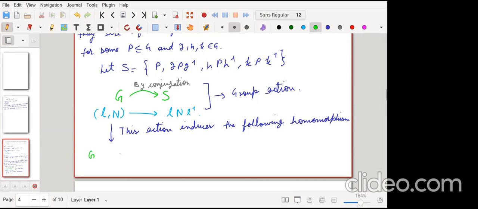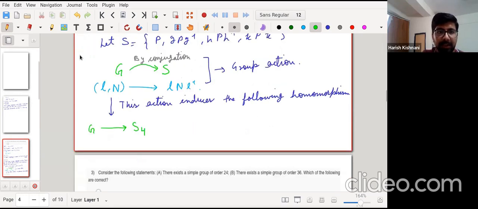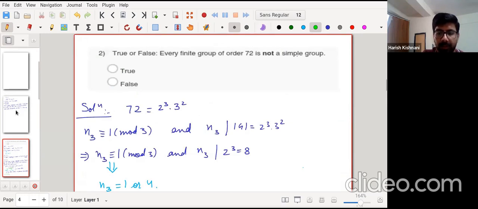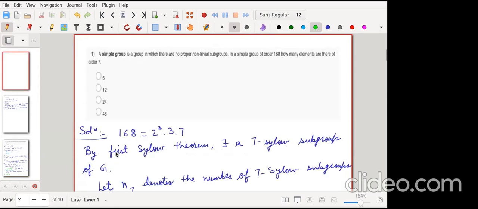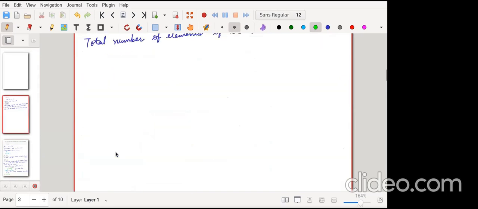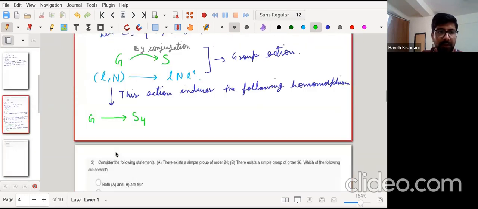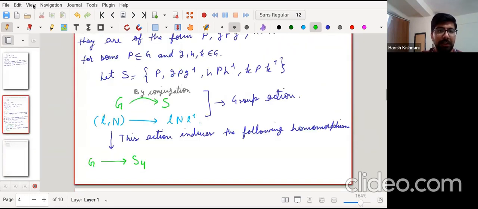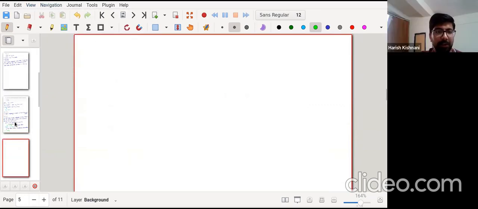From G to permutations of S, S4, we can say. The four symbols are just your P. It's a homomorphism because each element of G is acting through a permutation, or as a permutation you can say.